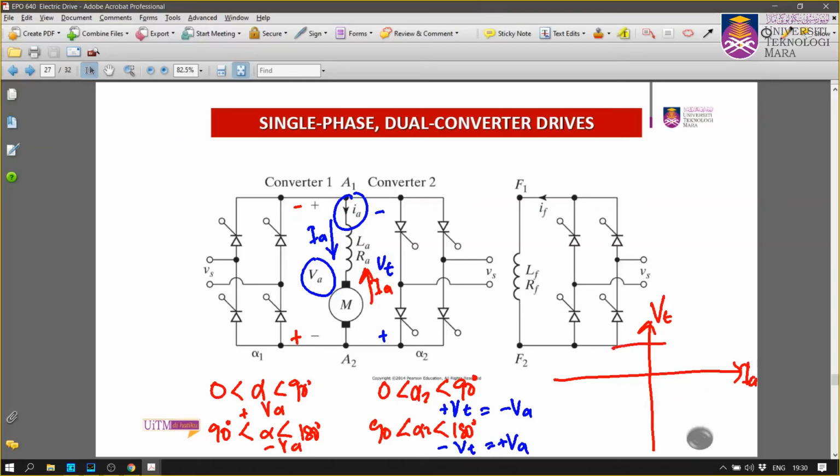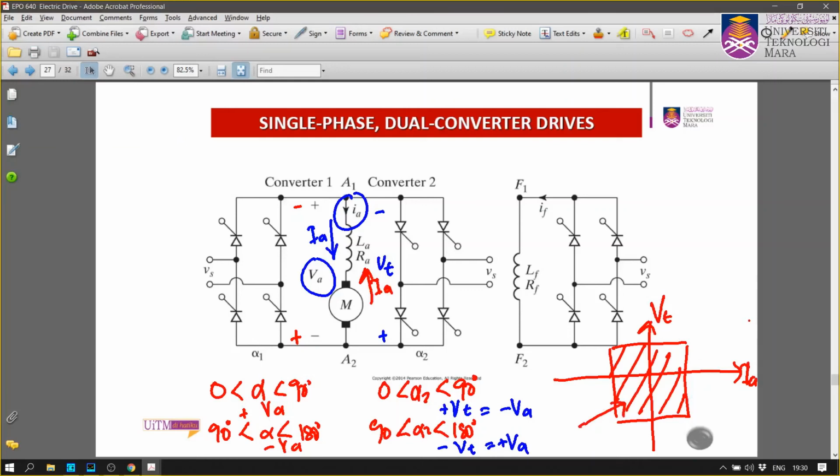So therefore you are able to control the machine in whatever situation it is.